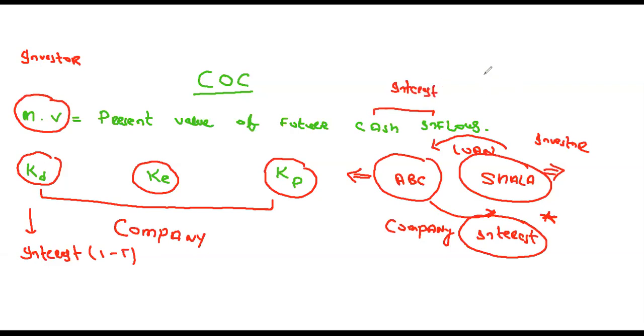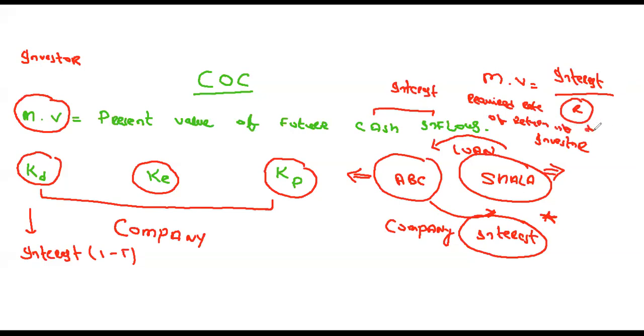So the market value formula will be interest divided by R. Now what is R? R is the required rate of return of the debt holder.